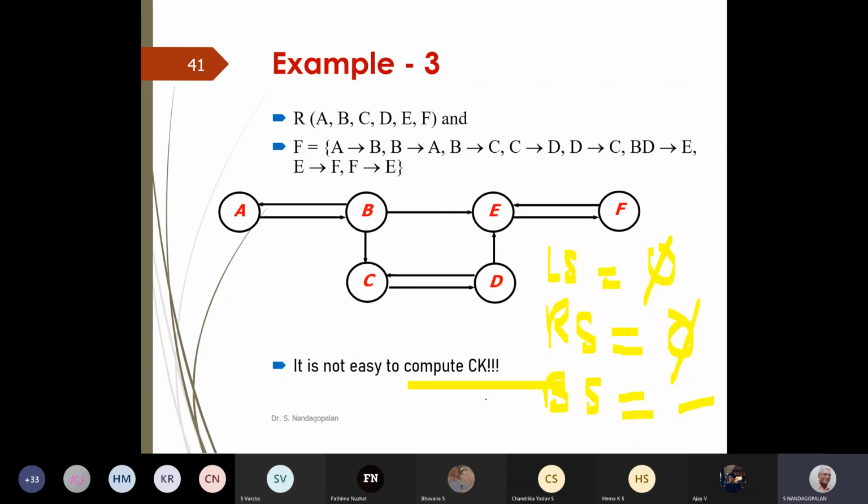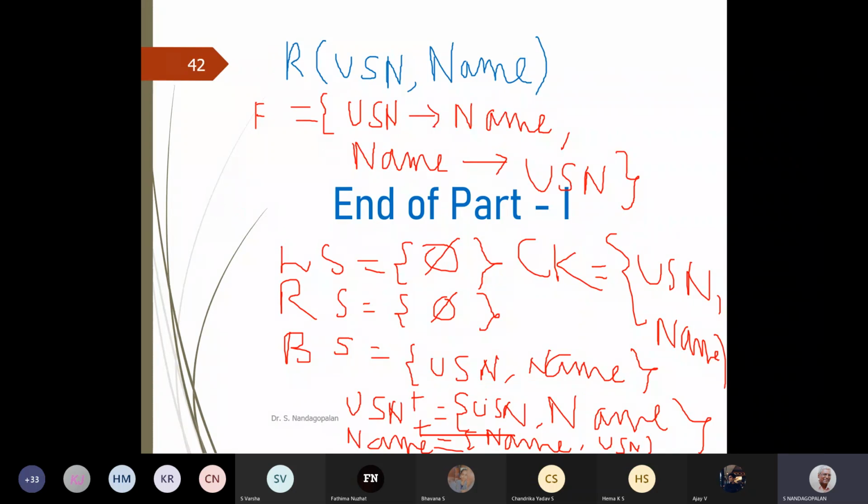So it's exponential. Supposing you have 100 attributes, now imagine, I think you have studied in ADA that permutation and combination becomes exponential, factorial. All combinations you have to find out. Factorial is nothing but combinations, mathematically. So that's exactly the problem.